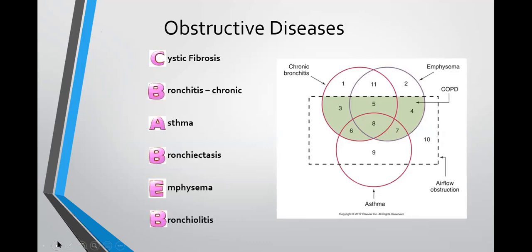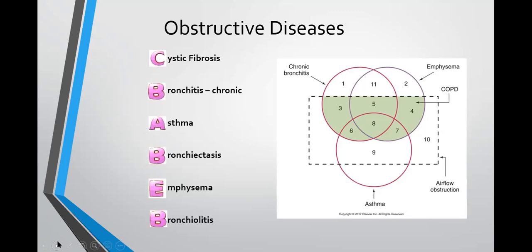All right, the C-babe diseases. Remember I said you got COPD, baby, right? COPD, baby. C for cystic fibrosis. B for bronchitis or chronic bronchitis, right? Somebody has it all the time. A for asthma. B for bronchiectasis.